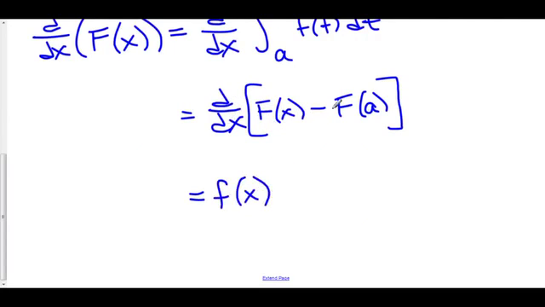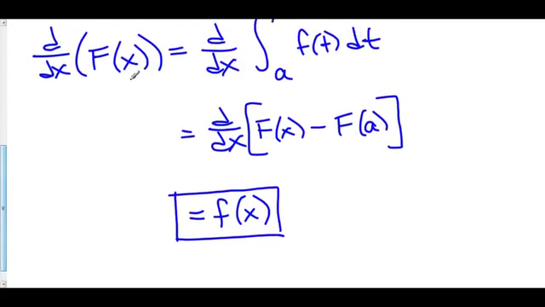And the derivative of negative big F of a, well, a is a constant, and when you plug any number into a function, you're getting just another number. And the derivative of some number is just 0.